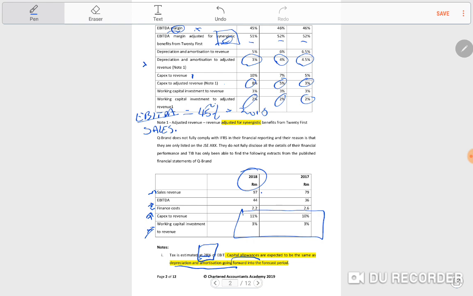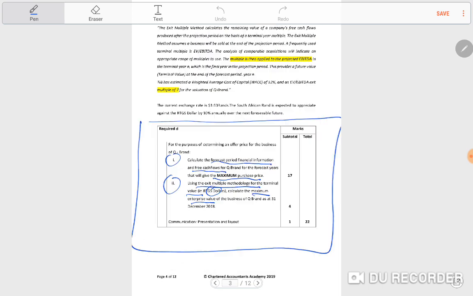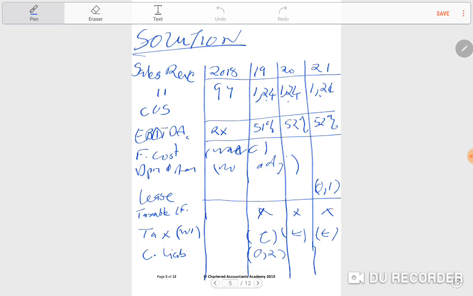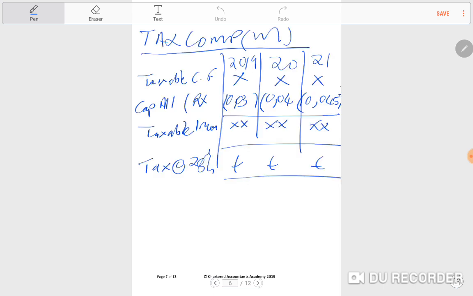So we also have two possible ways of doing this. Since the examiner said capex to adjusted revenue, we're not sure whether this is the needed or is the change. So you can either do the changes or, let's say this is now our working two, this is now our capex.